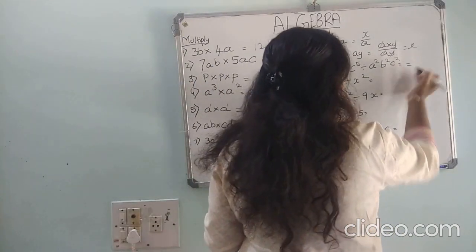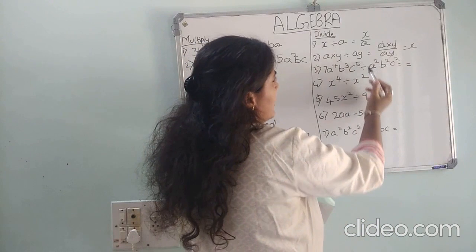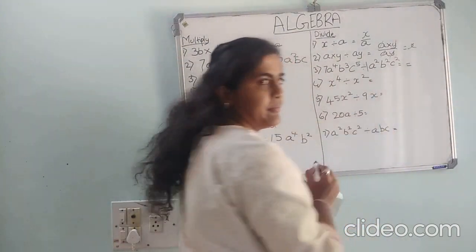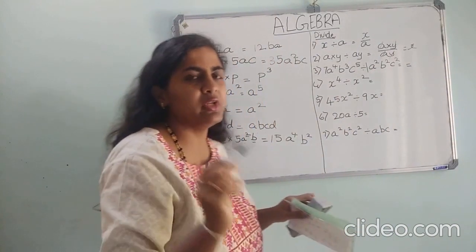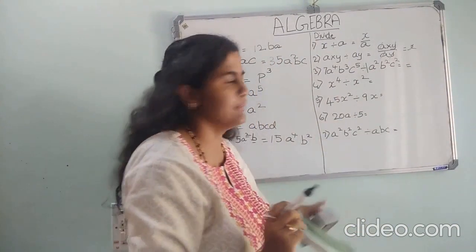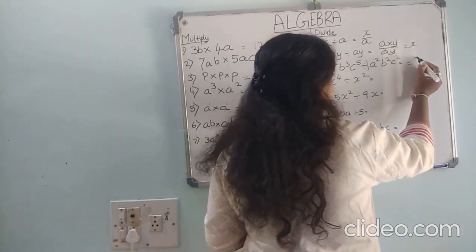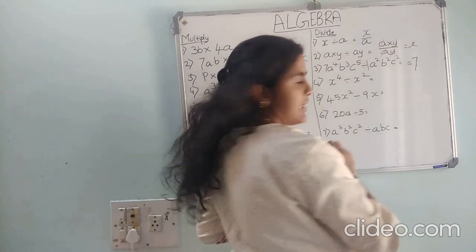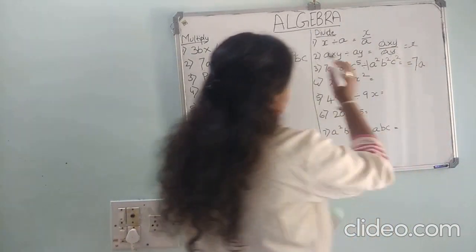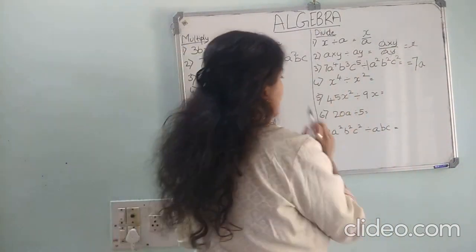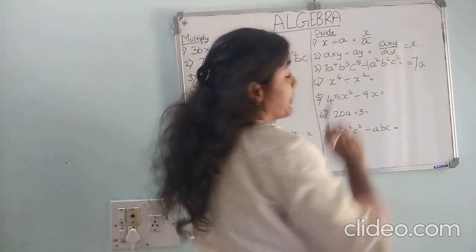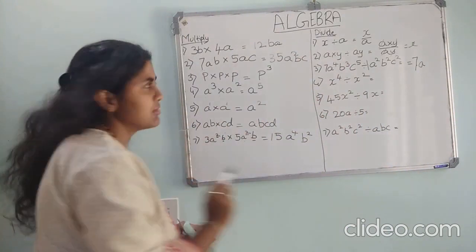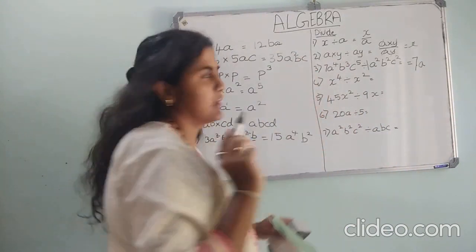Here there is no numerical coefficient, so I consider 1. When there is no numerical coefficient, we have to consider it to be 1. So 7 into 1, 7. Both sides have A. Remember we are doing division. In division we have to subtract the powers; in multiplication we added the powers.